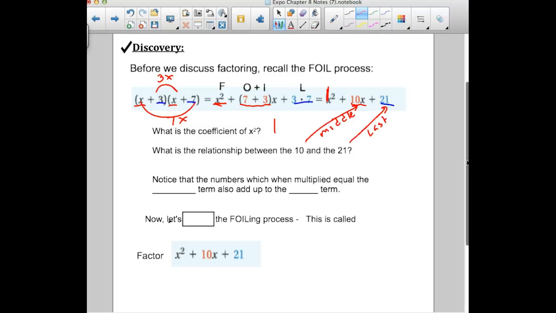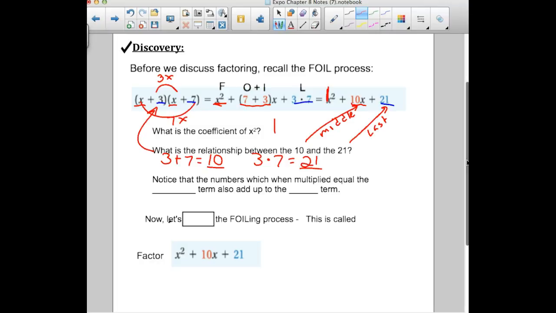And the relationship between those numbers, if you look back at our factors here, we have a 3 and a 7. And 3 plus 7 would give us 10, and 3 times 7 gives us 21. So when we factor something, we're looking for two numbers that multiply to be our last term, this 21, and they add up to be the middle term, the 10.